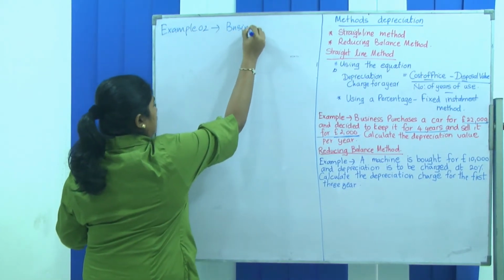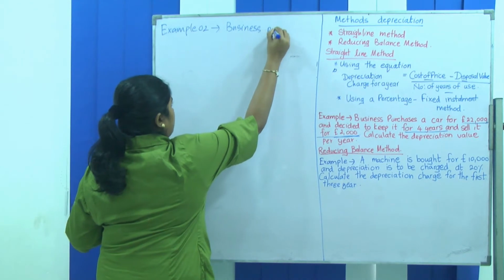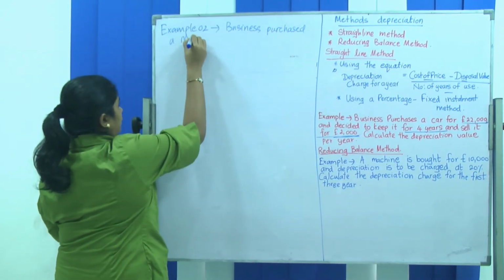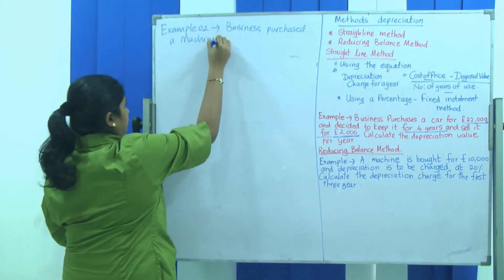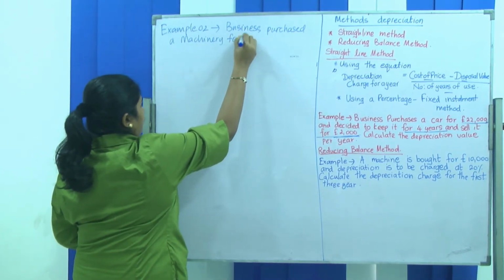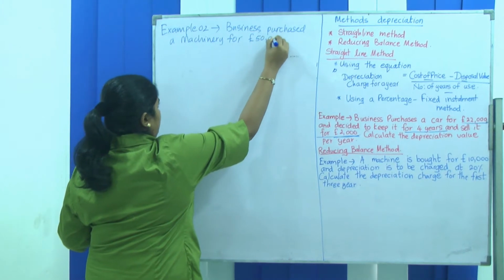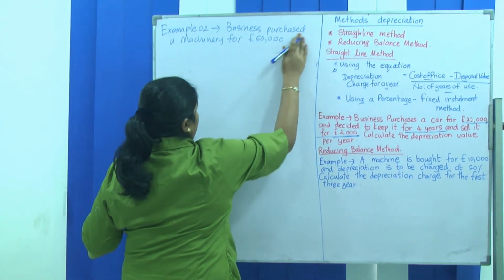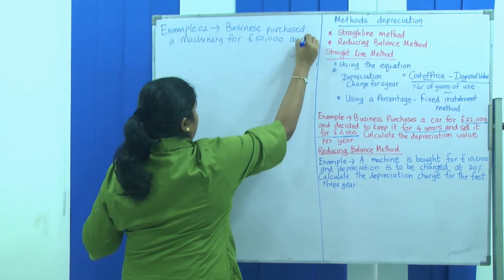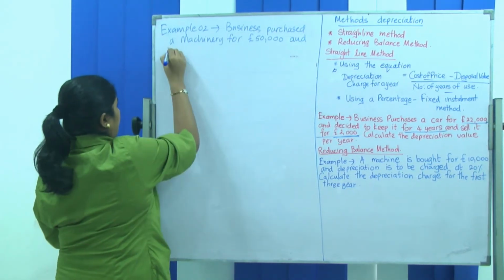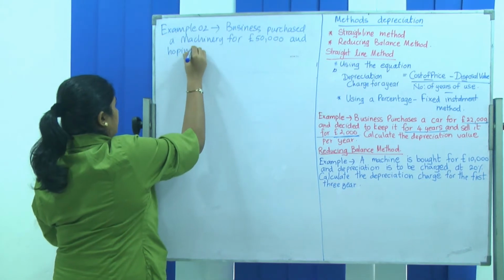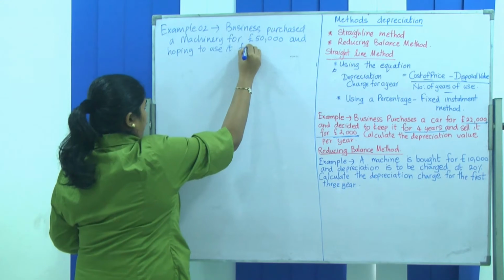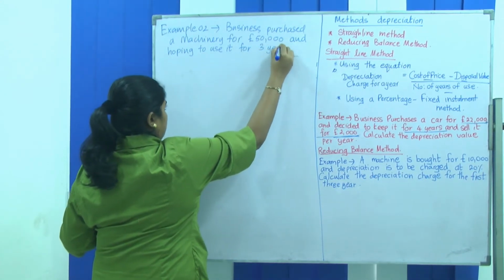A business purchased a machinery for 50,000 pounds and is hoping to use it for 3 years.